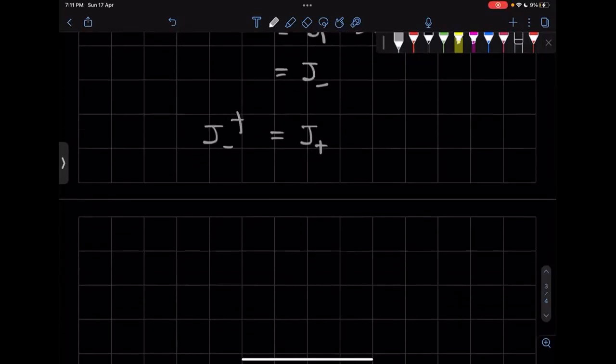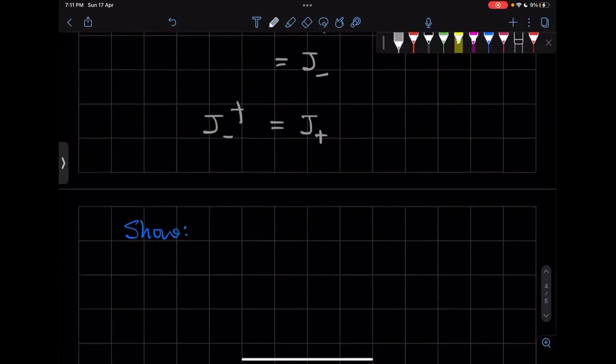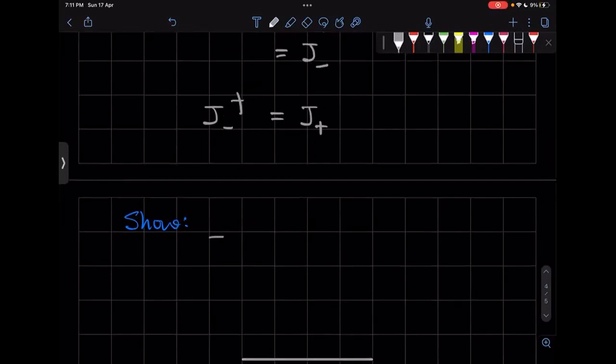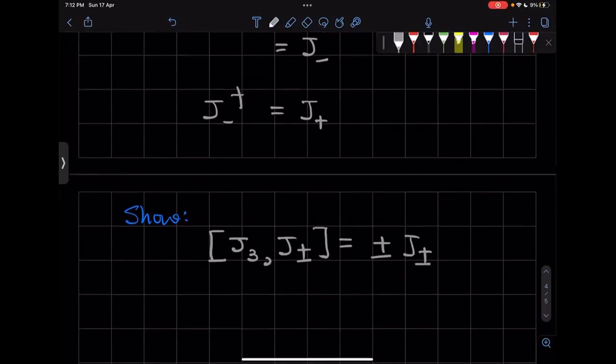So now you should be able to show very easily that in this basis, the 3 non-trivial commutation relationships become: the commutator of J3 with J plus minus is equal to plus minus J plus minus. These are 2 commutation relationships.